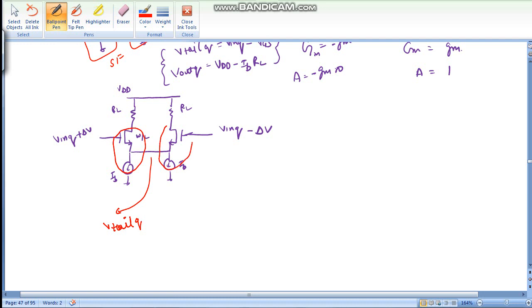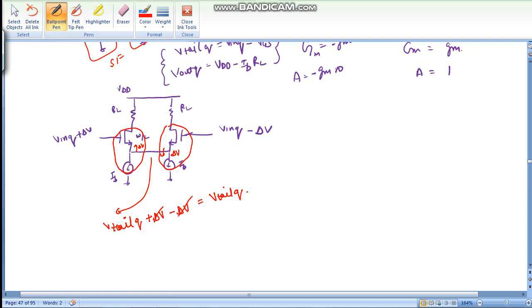If we are giving some AC signal, we increase this by delta V, we reduce this by delta V. If we are increasing this by delta V, this node will go up by delta V, and if we are reducing this by delta V, this node will go down by delta V. So plus delta V, minus delta V. This tail node will remain at its quiescent point.